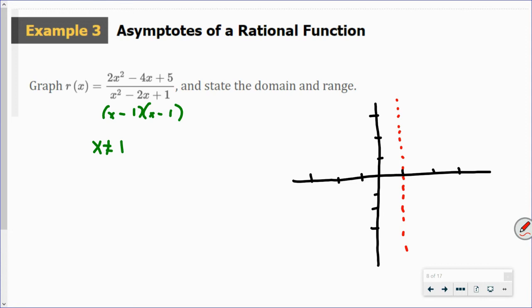Okay, now to find the horizontal asymptote, I can actually just do the division. So we're going to say 2x squared minus 4x plus 5 divided by x squared minus 2x plus 1. If you don't want to have to remember all the rules, just do the division, and it will tell you what it needs to be.